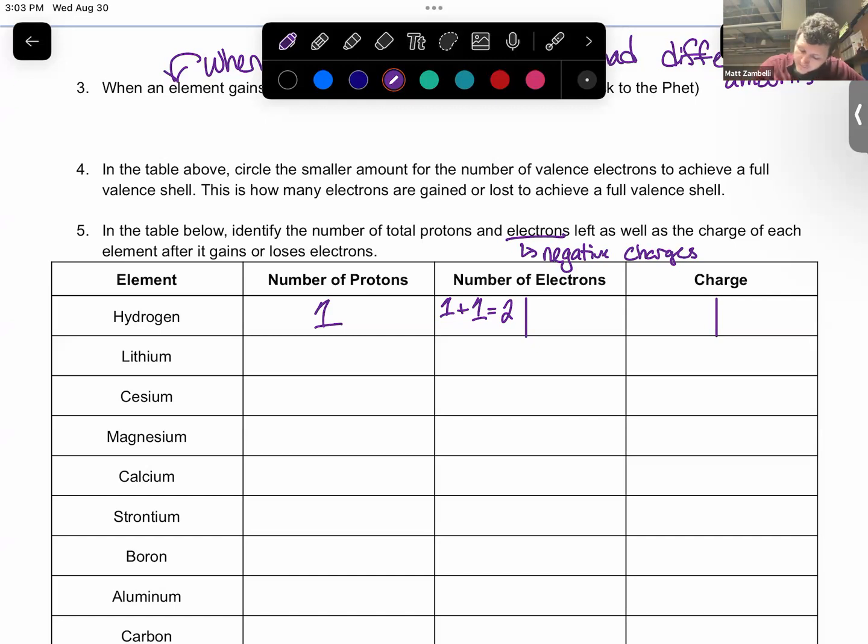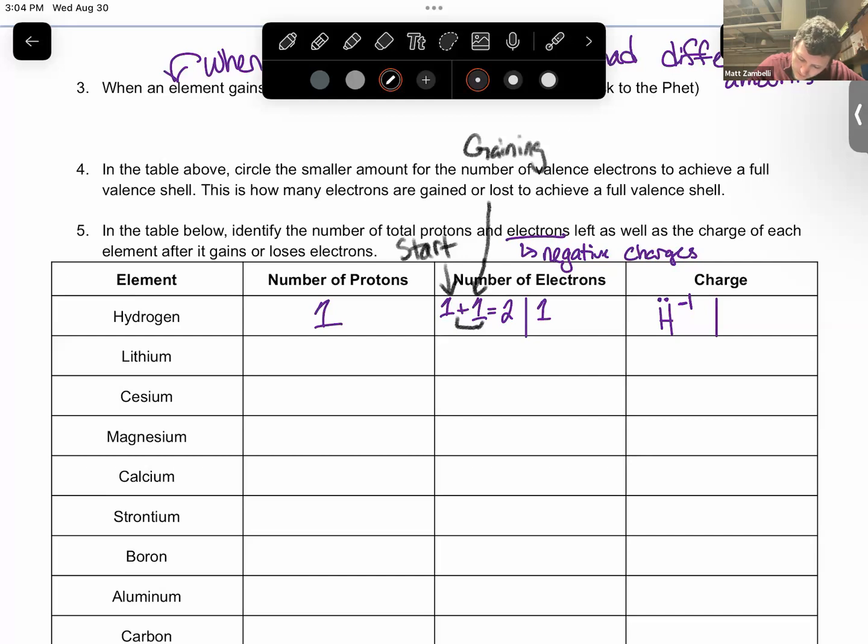So hydrogen went from having 1 electron, now hydrogen has 2 electrons. And if it has 2 electrons, it has a -1 charge. Okay, but remember, hydrogen can go both ways. So if hydrogen started with 1, remember this is our start. This is gaining 1.